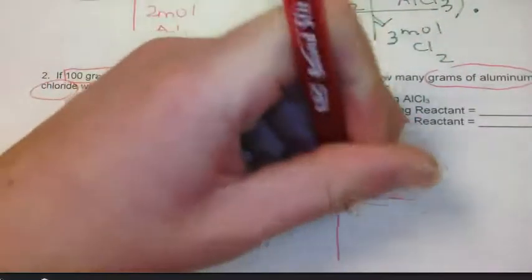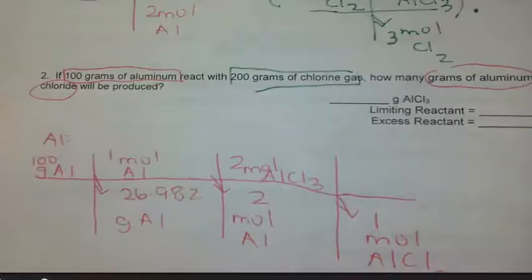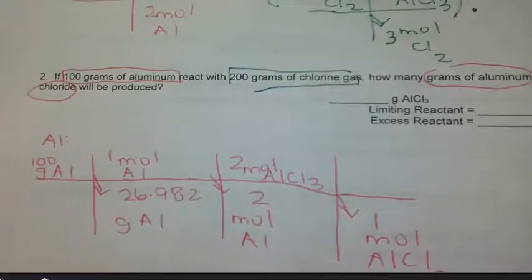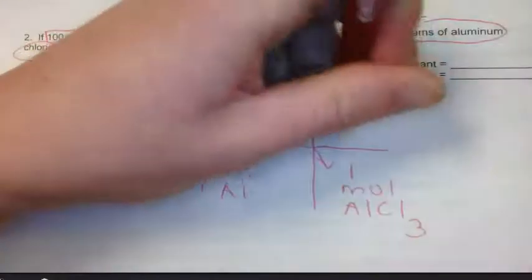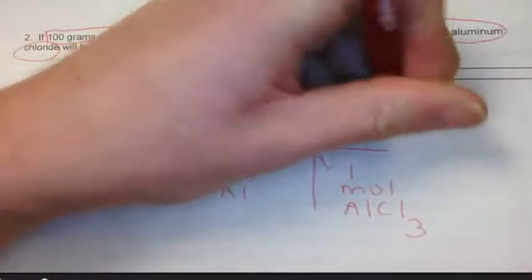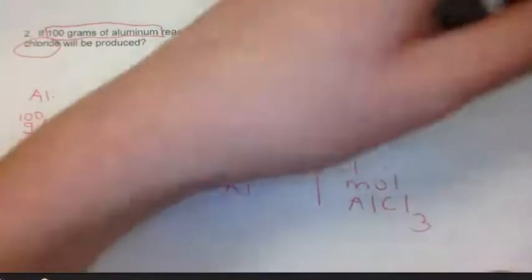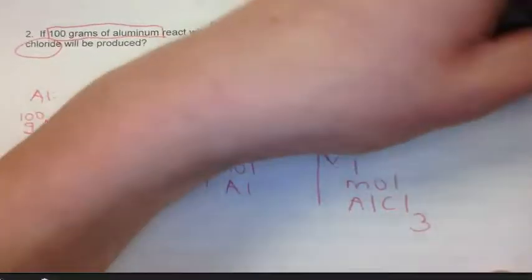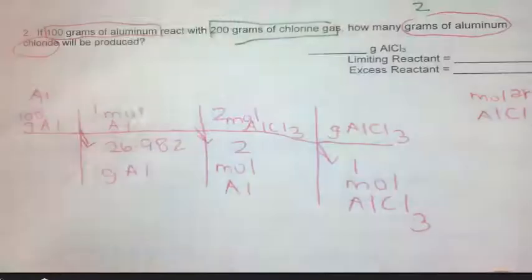Okay, so I'm going to just go down. I'm going to move down mole aluminum chloride. And to get it to grams, I can just set it equal because by definition, 1 mole of anything is equal to its molar mass. Okay, so grams aluminum chloride. Now I need to do another step to figure out the molar mass. Okay, so I'm going to write this over here. Molar mass of aluminum chloride. You have to figure that out.